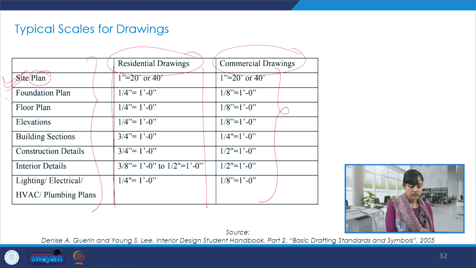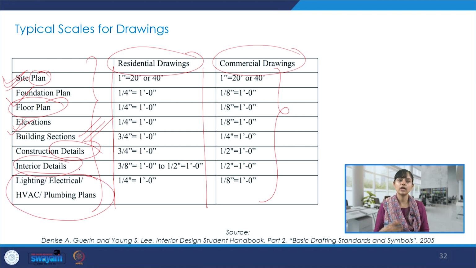Then there is a foundation plan, of course, and you have floor plans, which are very important for interior architecture project portfolios. There are a lot of elevations, different walls, lots of sections, and your construction details and working drawings, interior details like surface finishes, tiling, false ceiling details, etc. And then, of course, services.